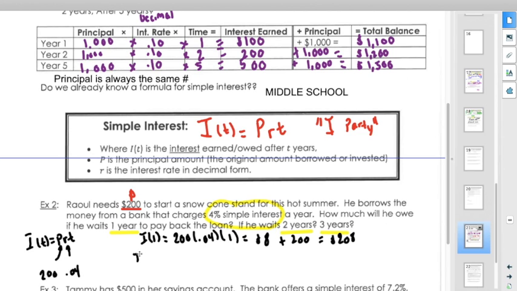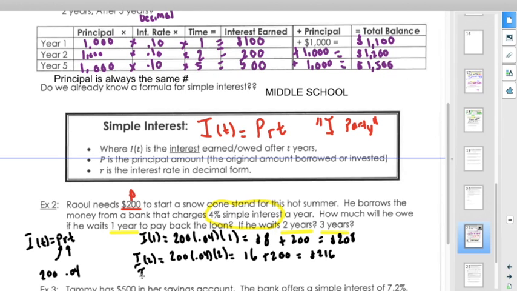What about I of 2? I of 2 is going to be 200 times 0.04 times 2. There we would get $16. So after 2 years, again, you have to add it back to the principal, his original amount. So after 2 years, he would owe $216.